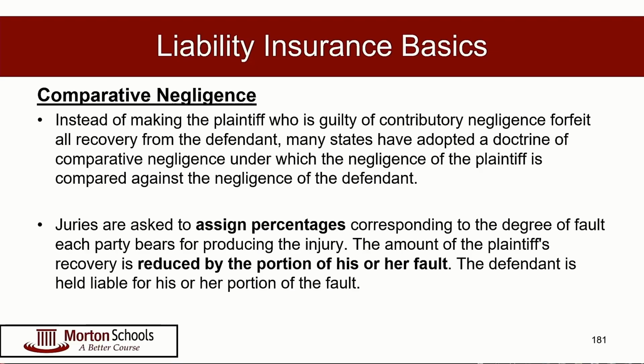The person that is a little bit negligent will not be able to collect based on their percentage of negligence. In other words, if somebody was 20% at fault, they would have 20% less that they could collect. They would only collect 80% of their damages. In other words, less 20%. In that situation, one person is going to what? Collect 80% and the other person is going to collect 20% of their damages based on their portion of fault.